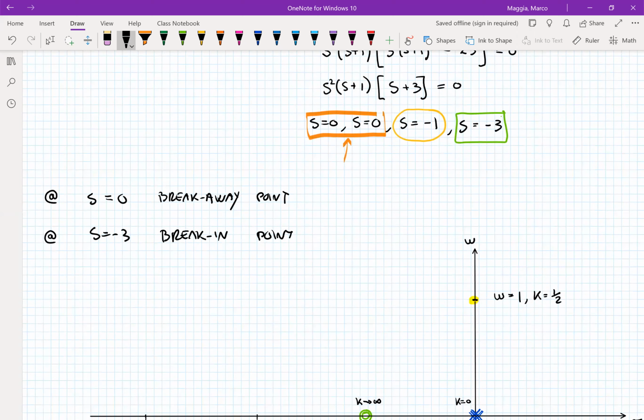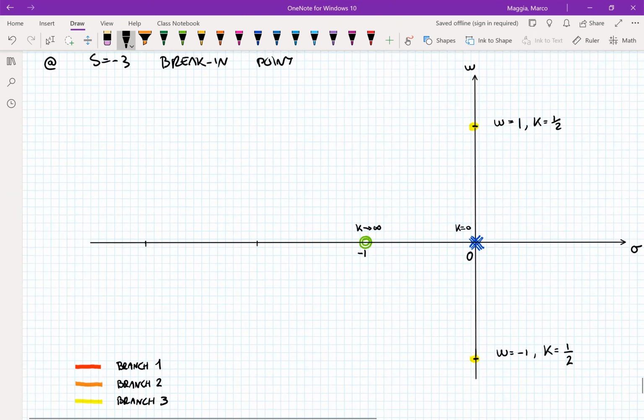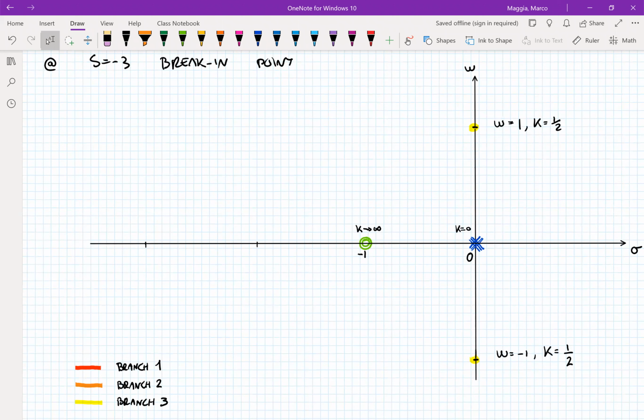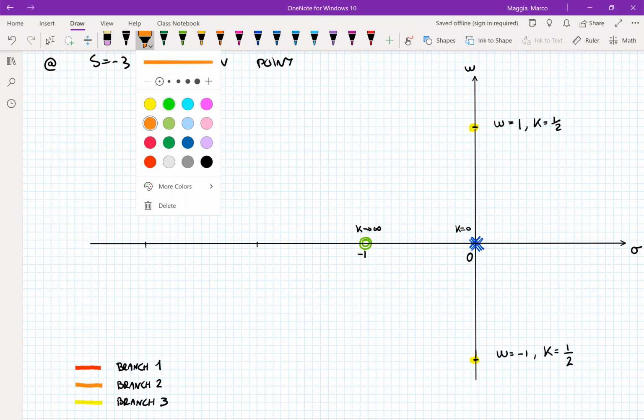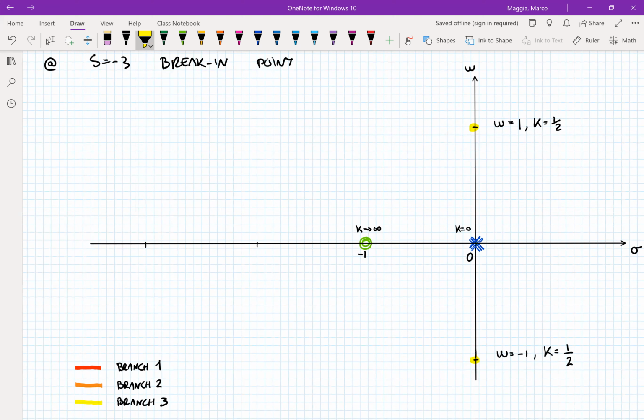All right, now that we have everything, we can finally draw the entire root locus using 3 colors. So starting from the open loop poles where k is equal to 0, we start with one branch.